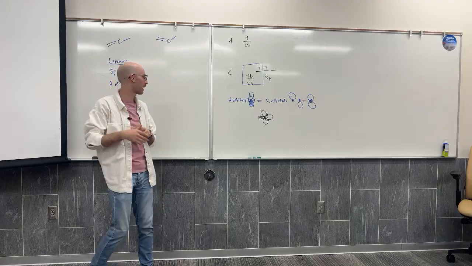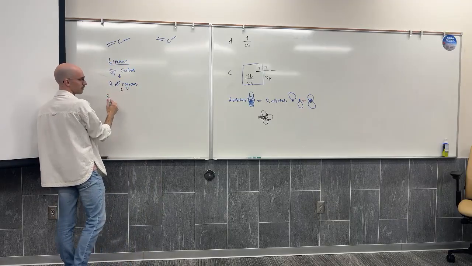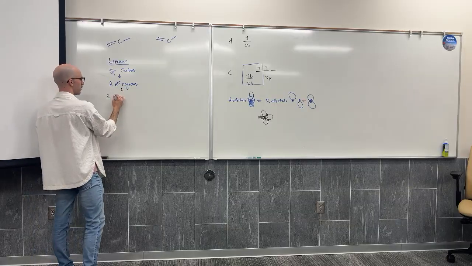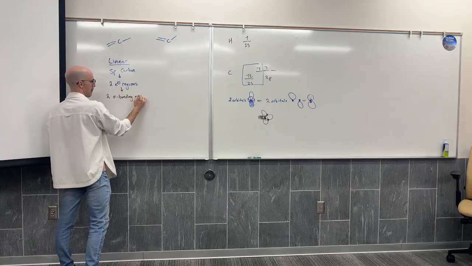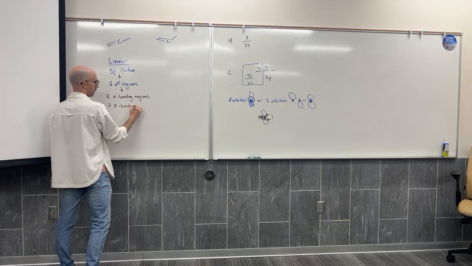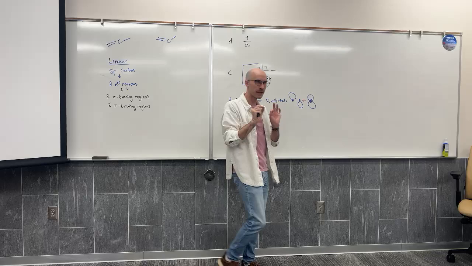But when I'm sp hybridized, what we typically will say here is we have two sigma bonding regions. And we have two pi bonding regions. If they're not pi bonding, then it's just an empty p orbital.